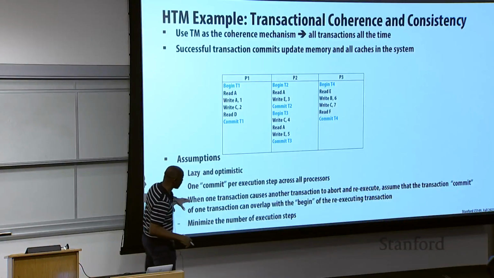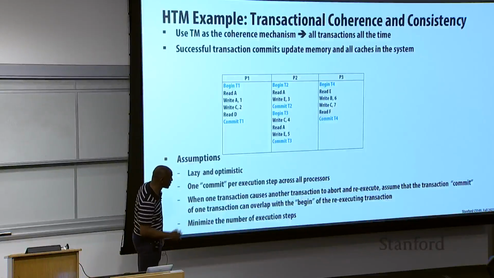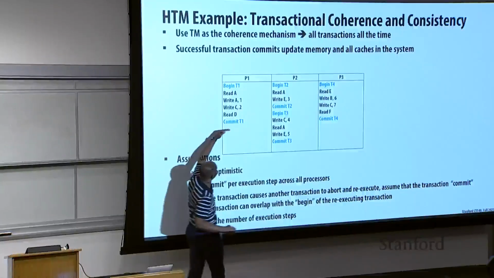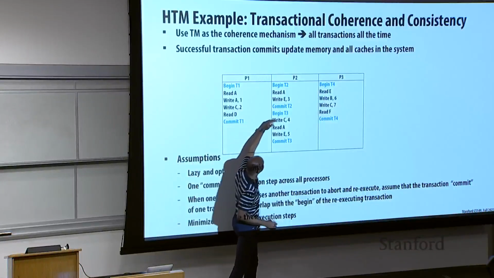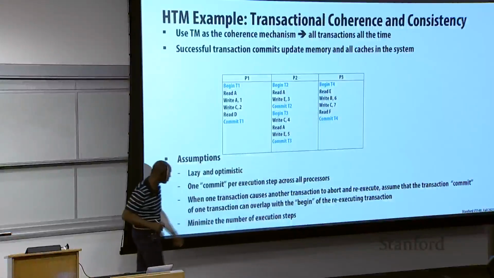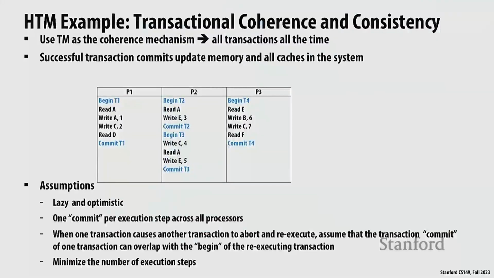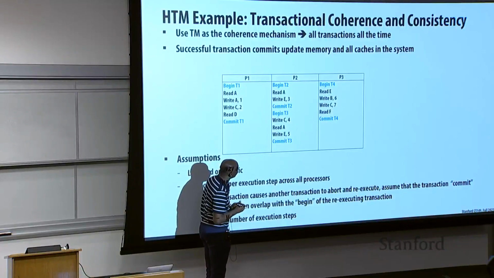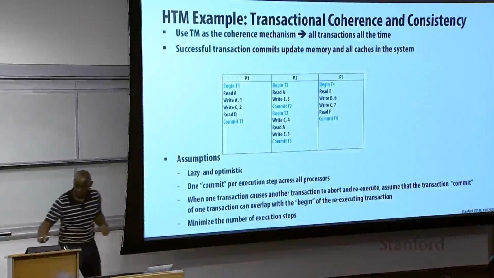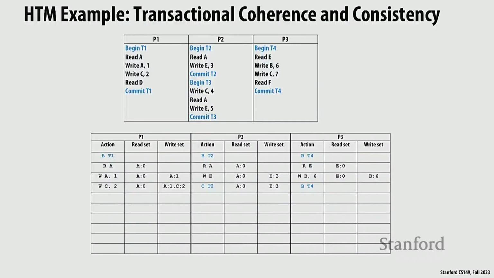When one transaction causes another transaction to abort and re-execute, you can assume that the commit of one transaction can overlap with the begin of another transaction. Okay, so with that in mind, given these 3 processes and these 4 transactions, why don't you fill out the table as shown here?